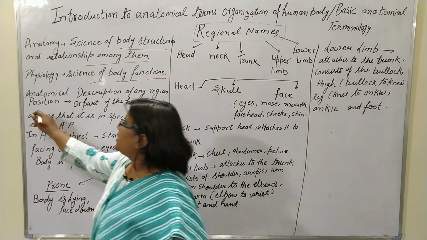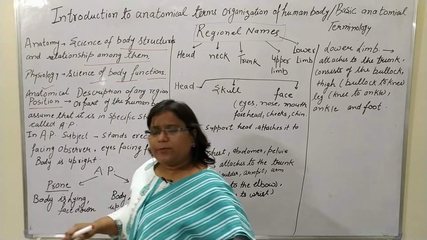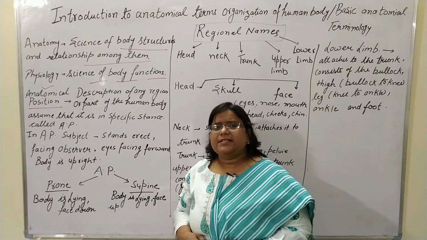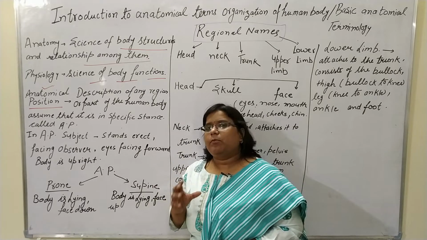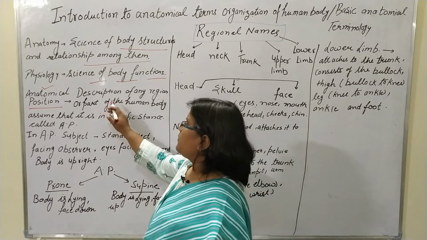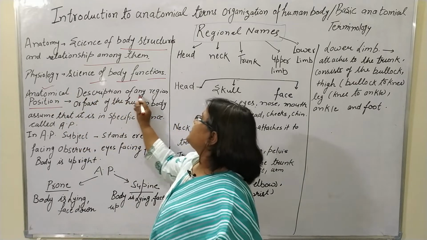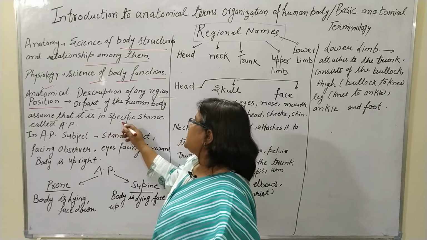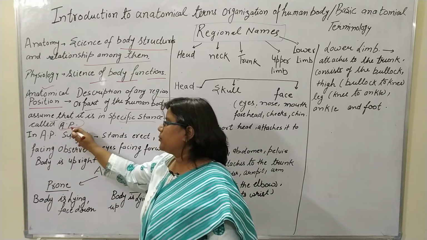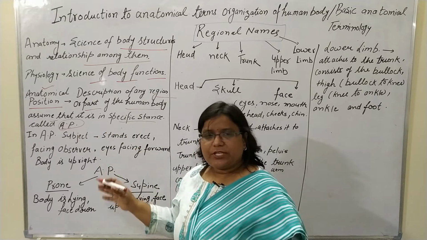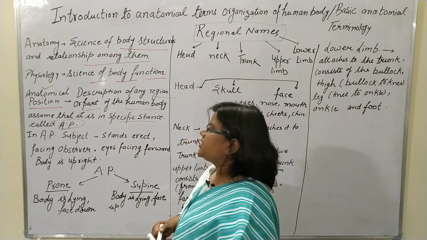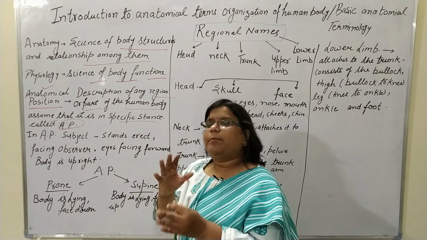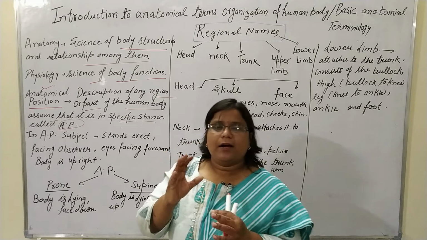Now, the anatomical position. What is the anatomical position? The anatomical position is the position in which we study some specific or particular body part. Here I have written the definition: description of any region or part of the human body assumes that it is in a specific stance called the anatomical position. AP means anatomical position. During the anatomical position we will discuss a particular part of any person or subject.